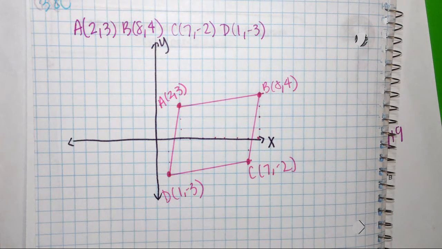I don't know what you plotted for that C, but you need to plot 7, negative 2.